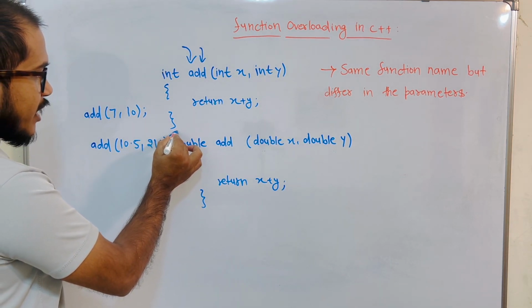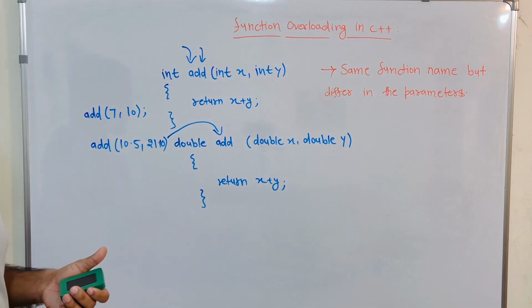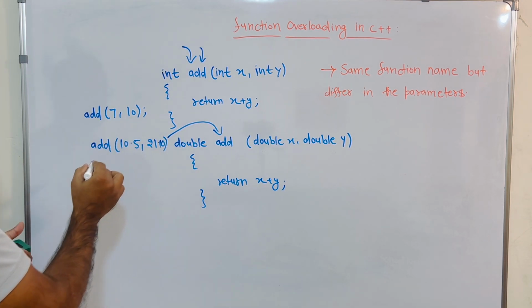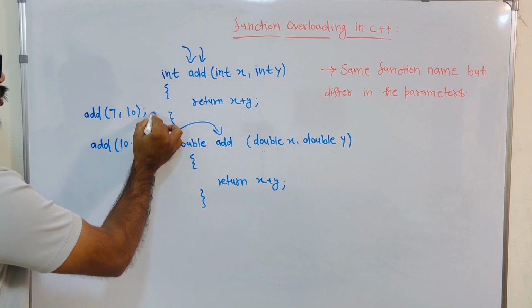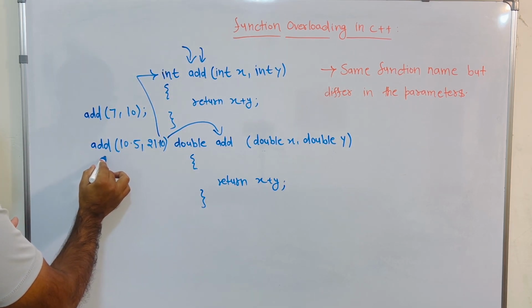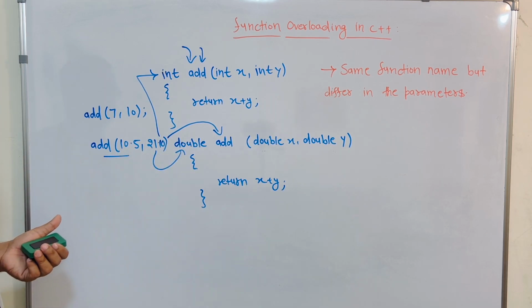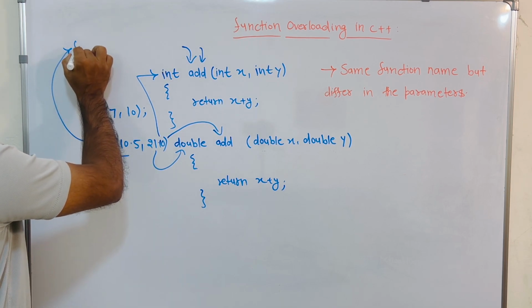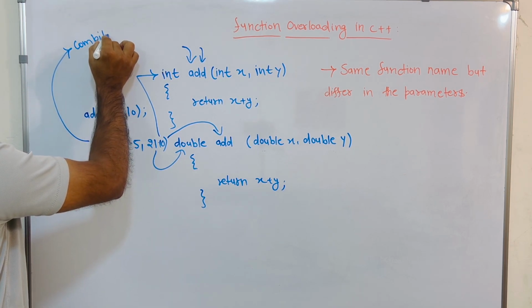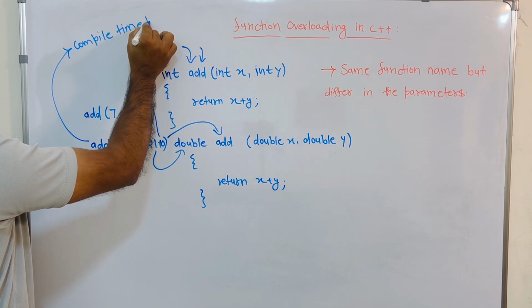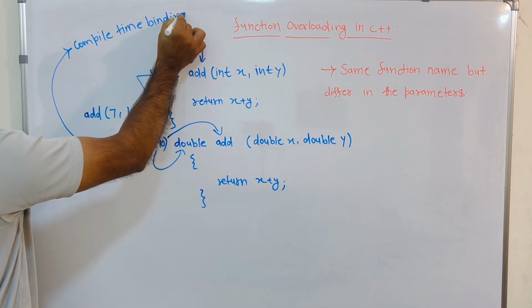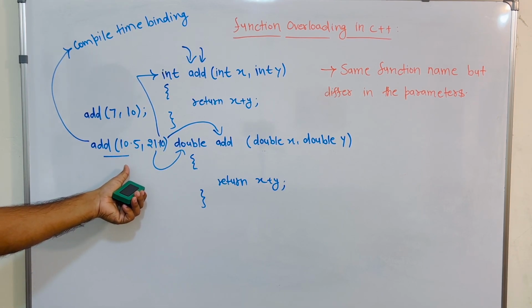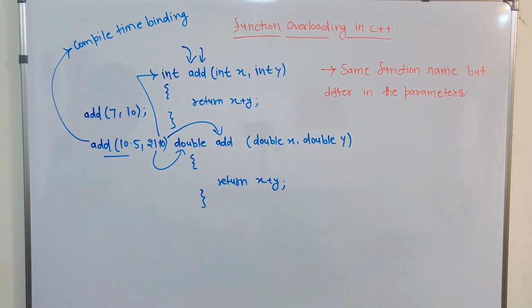So the compiler will call this particular function, and it is able to decide which function to execute, whether to call this function or that function. That's why we call this compile time binding, because the compiler is able to decide at compile time itself which function to execute.